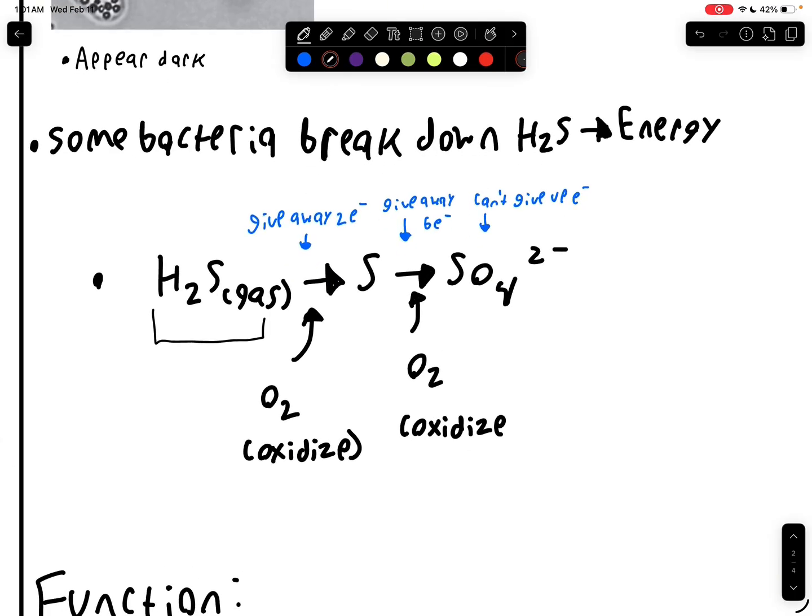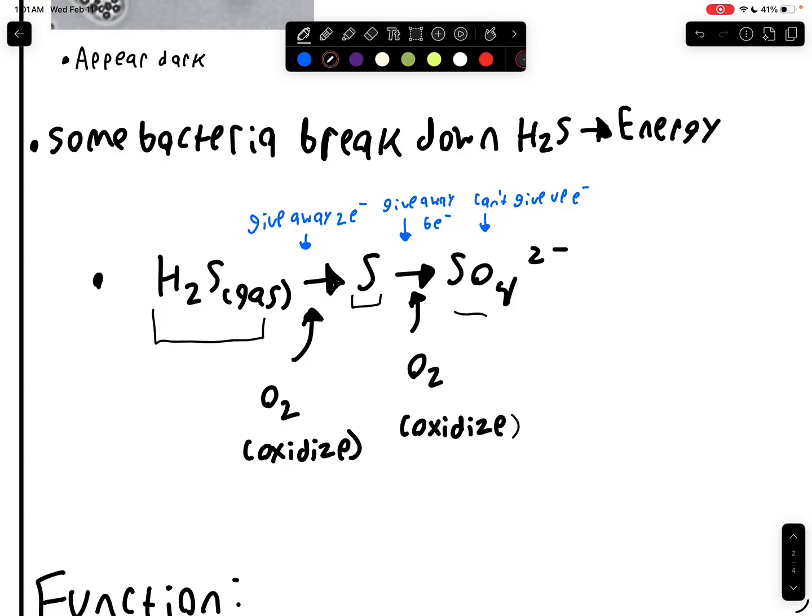Now what they do is they oxidize it, which you don't really have to know what that means. But all that's really happening is you have this H2S gas, and through this process of oxidizing it, you give away 2 electrons. And then you end up with this sulfur. Once you have your sulfur, you can give away 6 electrons when you oxidize it.